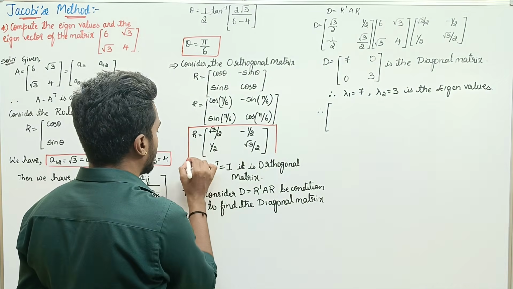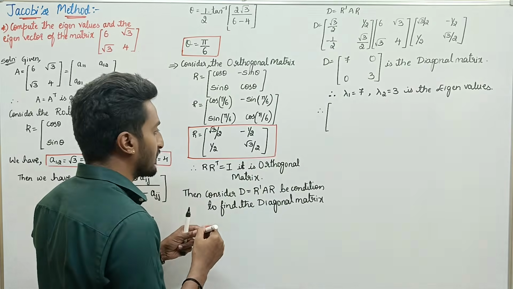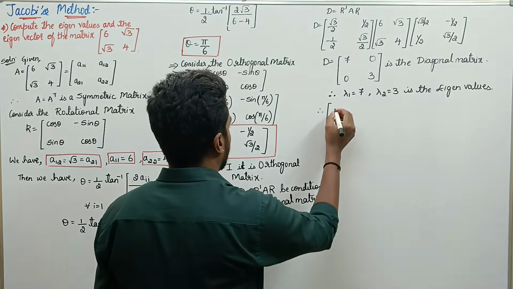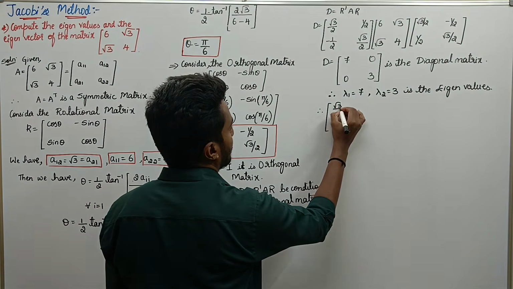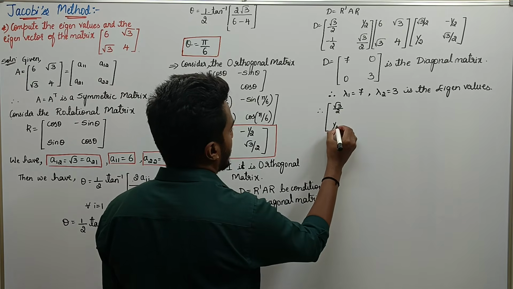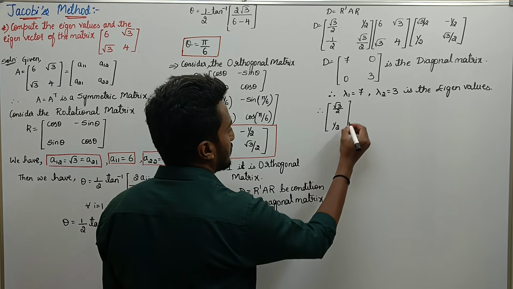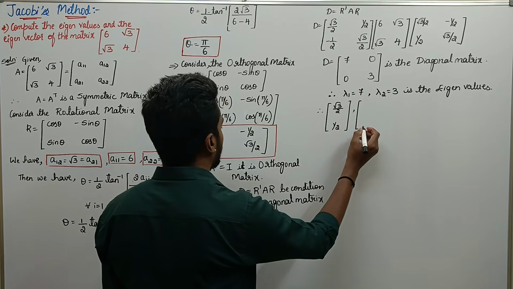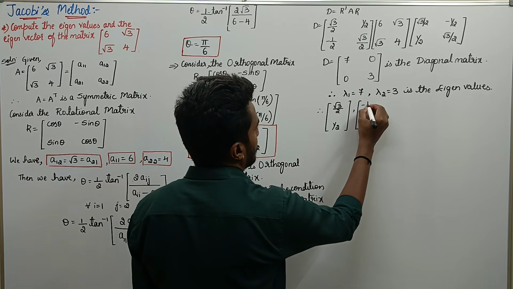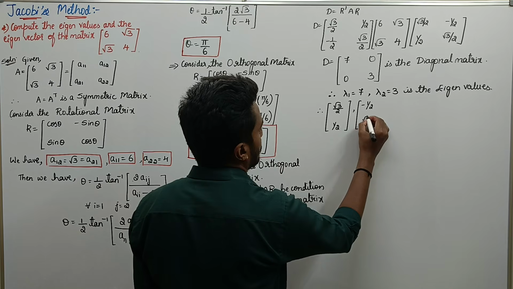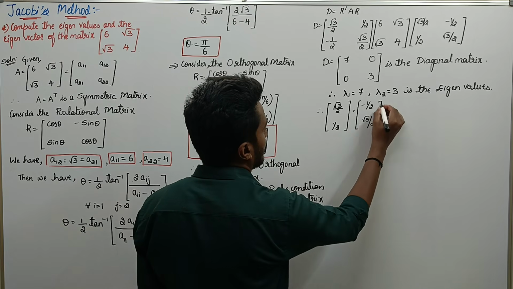Whatever you have got in R, just represent the elements as column matrices, that is R, which is equal to root 3 divided by 2, 1 by 2. This will be the first vector, and the next will be minus 1 by 2, root 3 by 2.